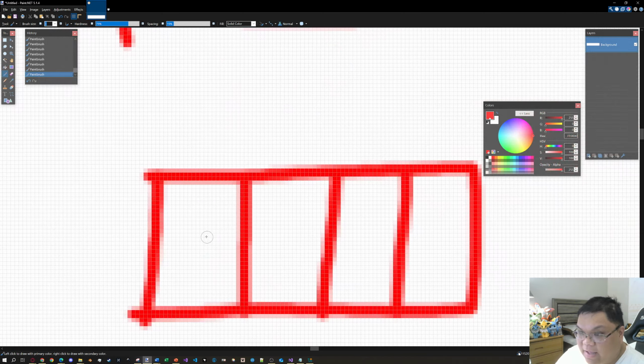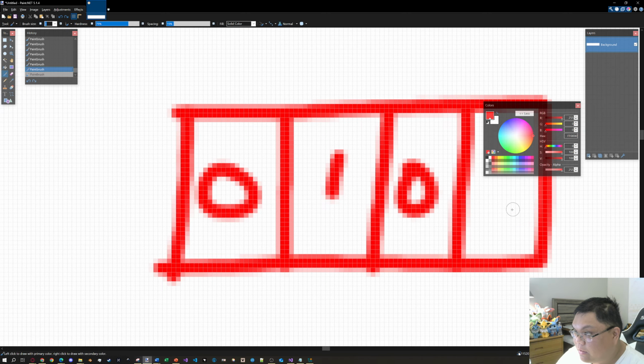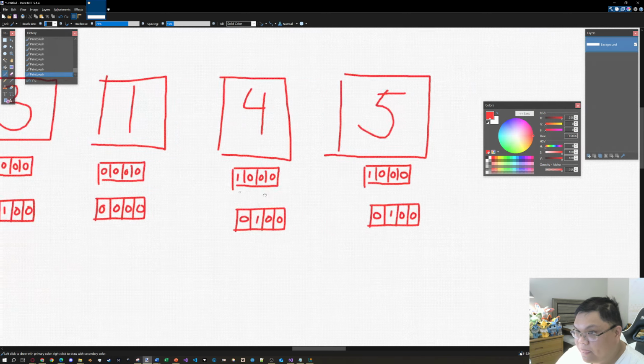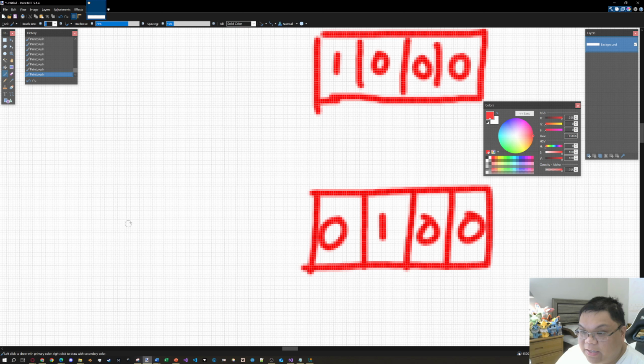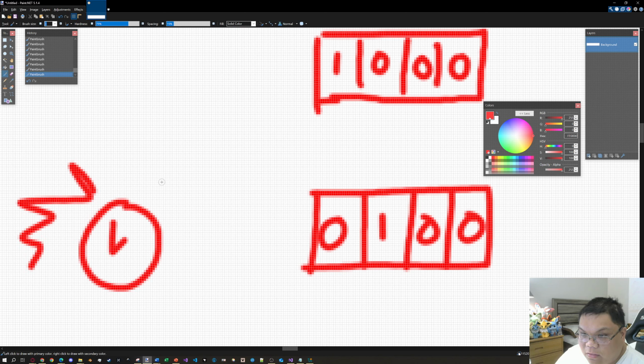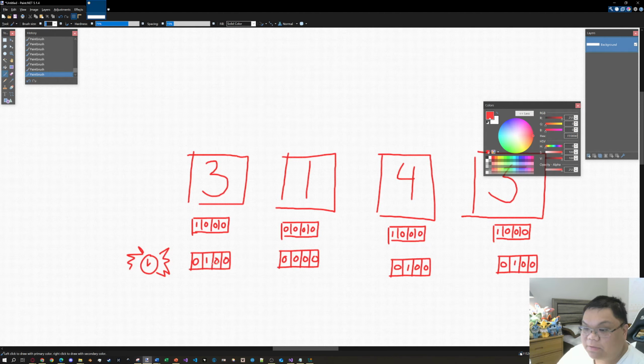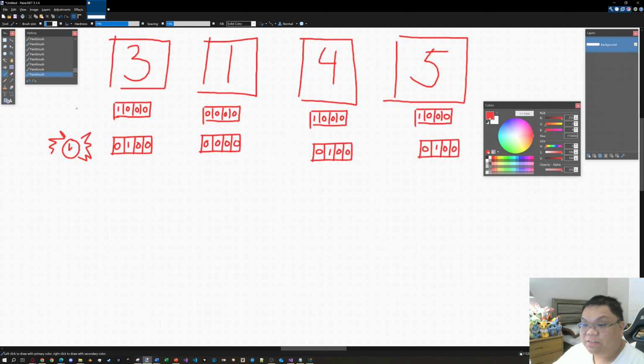For this one, it's 0, 1, 0, 0. And then for this one, it's 0, 1, 0, 0. Alright, so I'm just going to draw a crudely drawn clock to indicate that the bit sequences have been shifted. Okay, so now we have our new bit sequences.